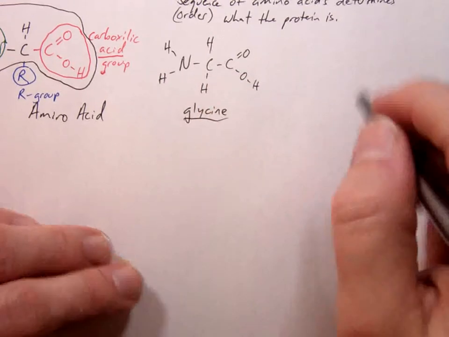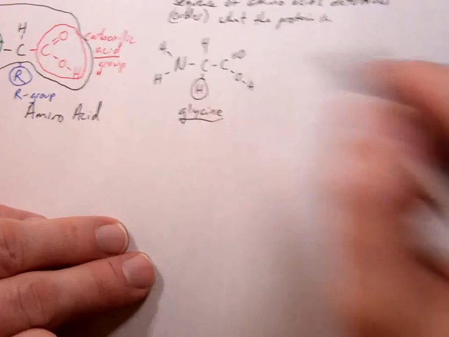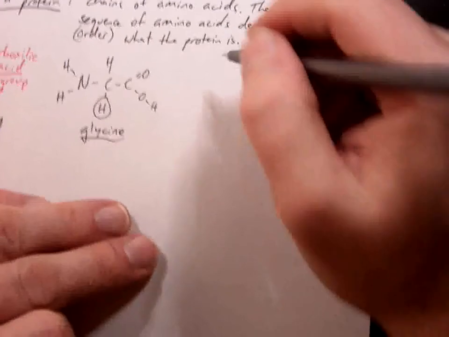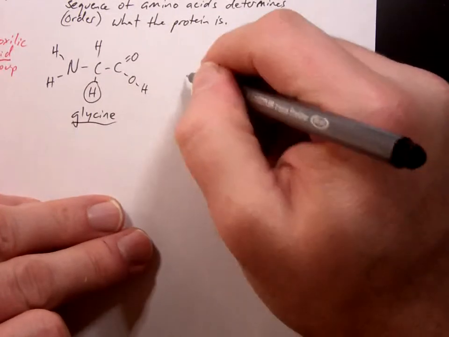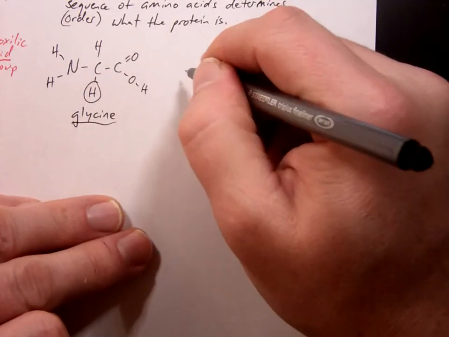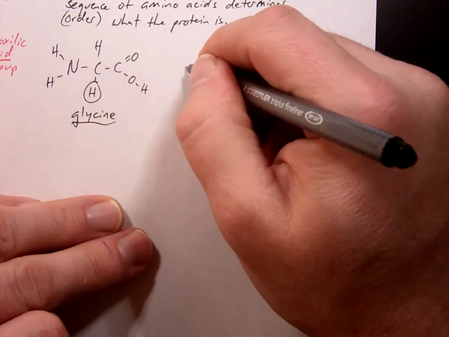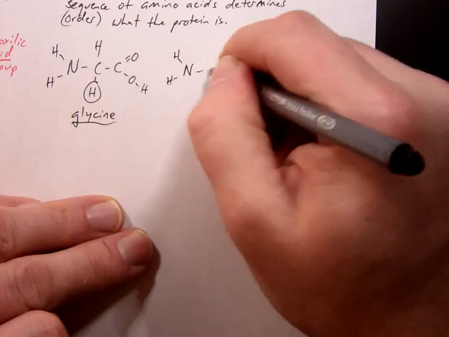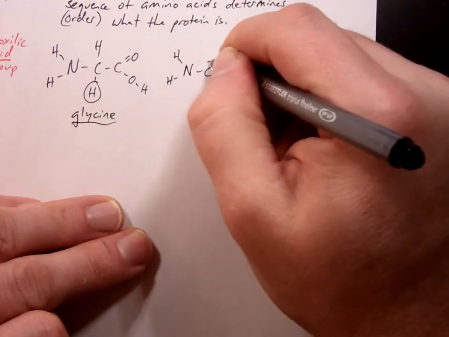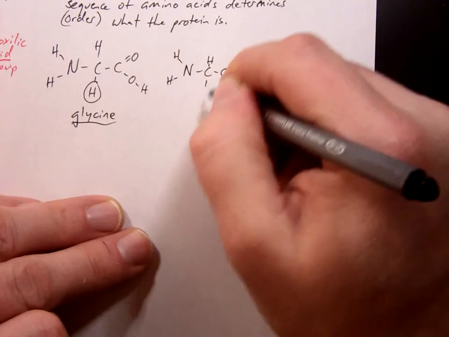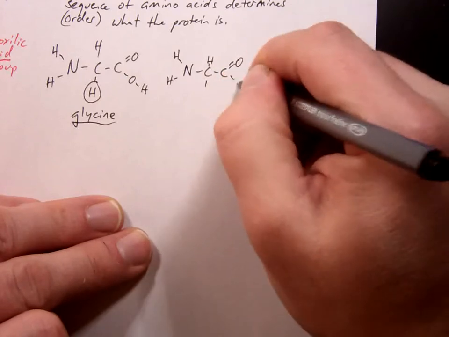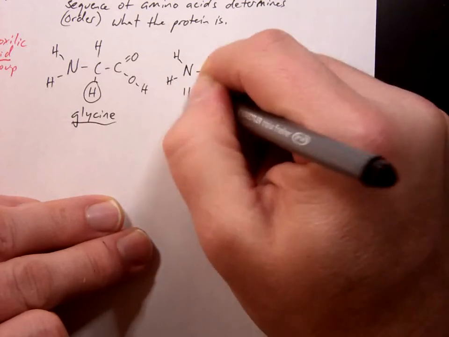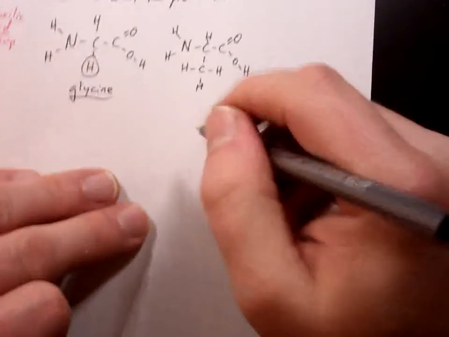That's its structure, where the R group is an H. Now, if we swap that out for an R group that is a methyl group, or CH3, like methane, which is CH4, we take NH2, C, C, O, OH right there, and down here we put one of these in, and this guy is called alanine.